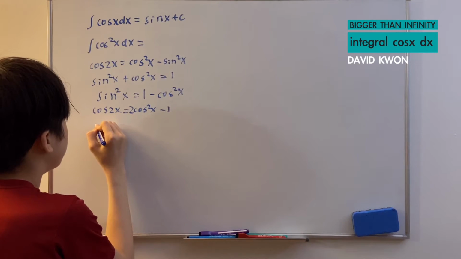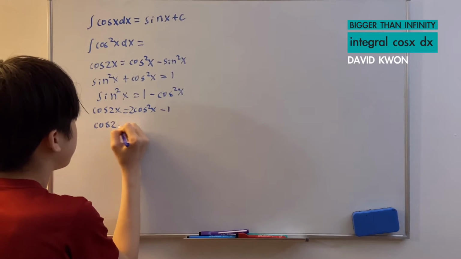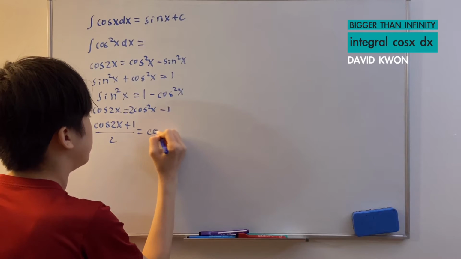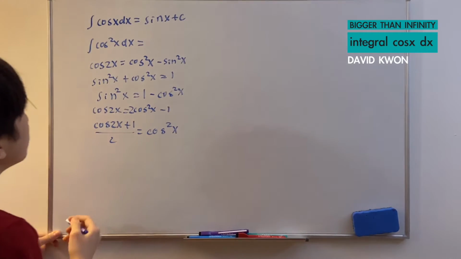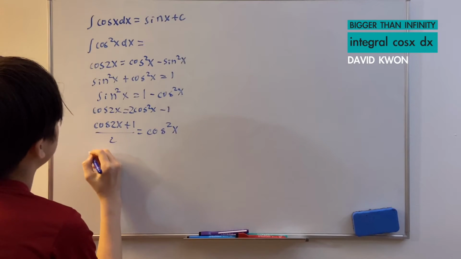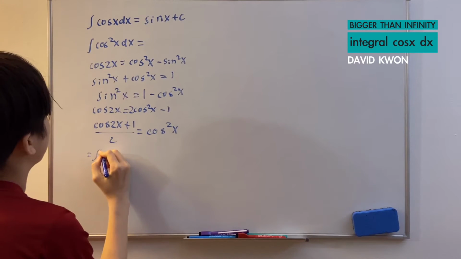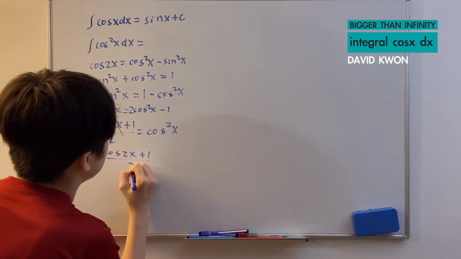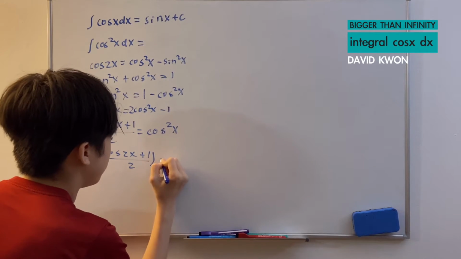So we have cosine 2x plus 1 over 2 is equal to cosine squared x. I just replace this on here. So we have the integral of cosine 2x plus 1 over 2 dx.